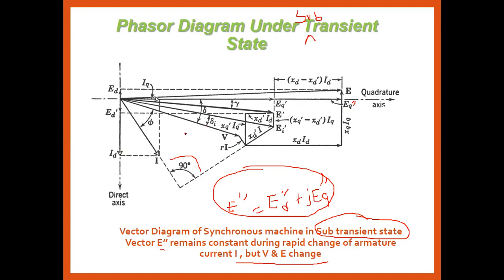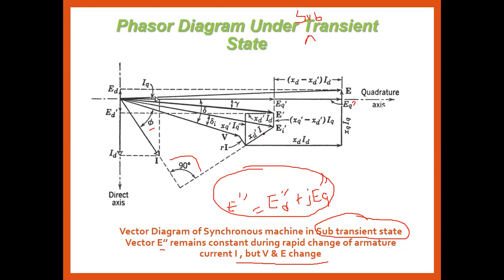The angle between the voltage and the current is theta, that is the phase angle. So theta is the phase angle and this is the load angle. ED dash and ID are the direct axis parameters, and IQ dash and IQ double dash are the quadrature axis parameters.